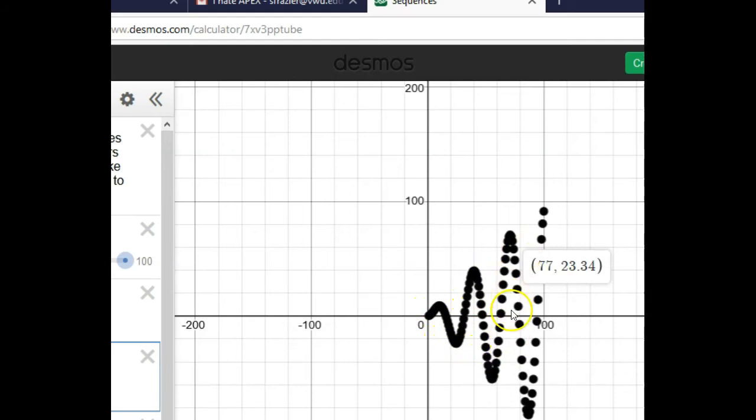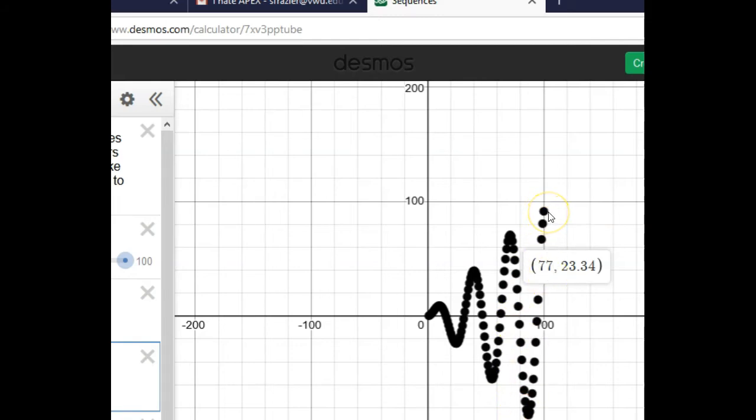You can see some alternation. What's happening as we alternate here? Well, you can see the values of this sequence are oscillating and growing in magnitude. The very last one is 100, and it gets down to close to negative 100.